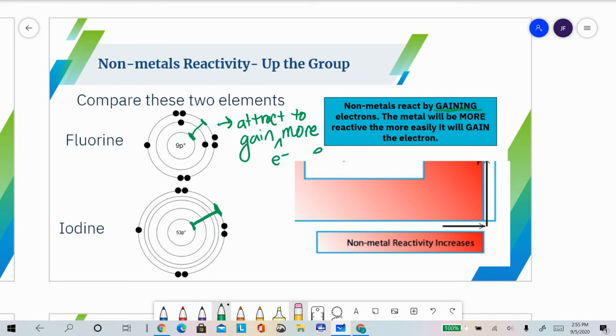Because that distance is smaller, the attraction of the positive proton to the negative electron is stronger. So fluorine, which is right here, and iodine, which is right here. Fluorine's up here. It is more reactive, so our trend actually goes up the group.